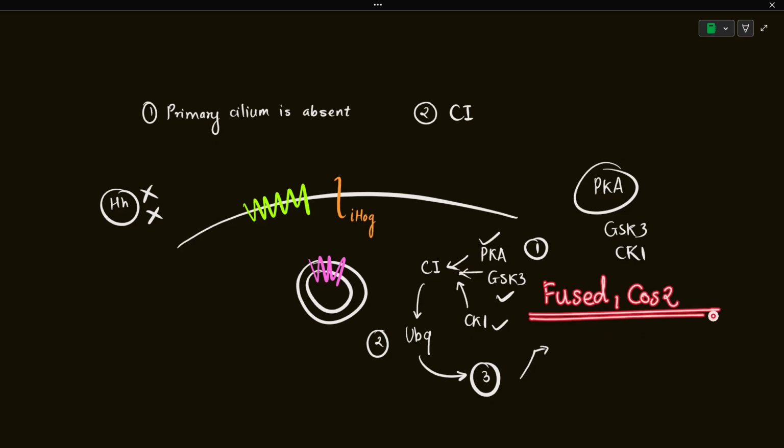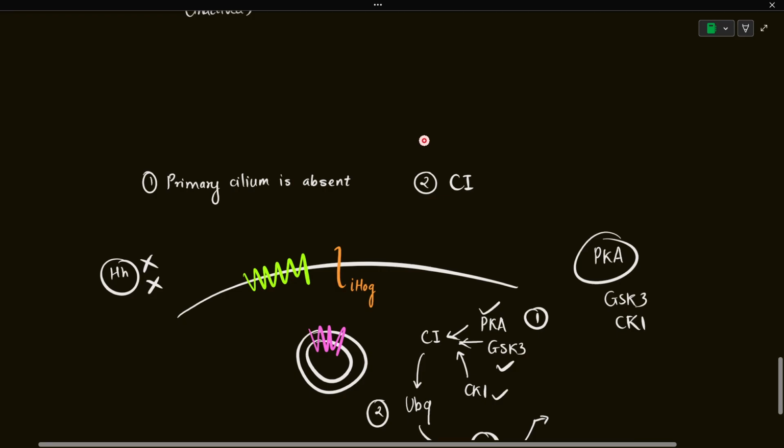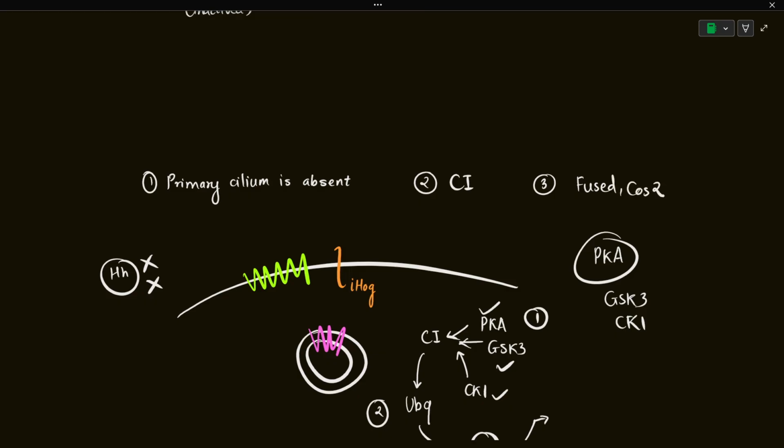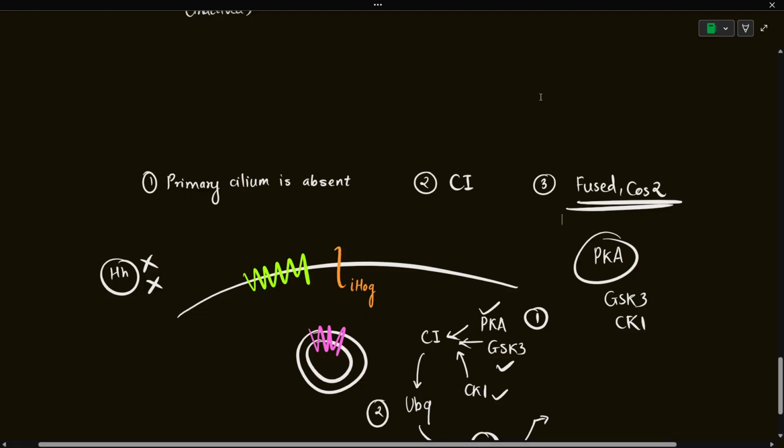So Fused and Costal 2 work as co-repressors instead of SUFU in the case of mammalian cells. Okay, so there exists one more difference: instead of SUFU, the Drosophila cell has Fused and COS2 proteins. These are the differences between the Drosophila hedgehog signaling and the hedgehog signaling seen in mammalian cells.